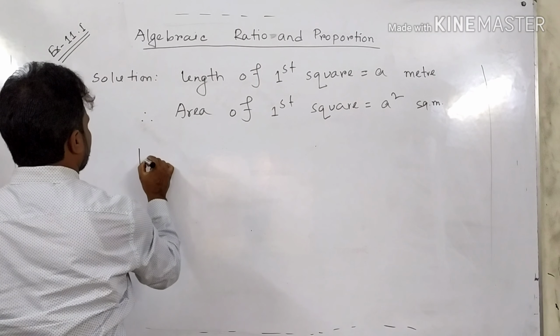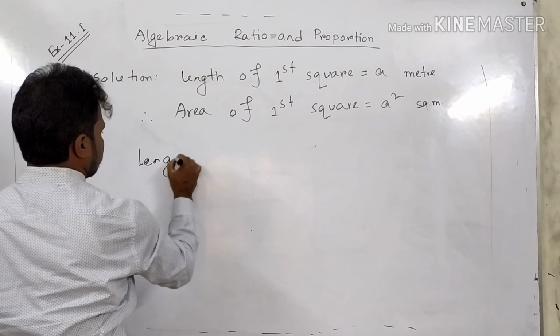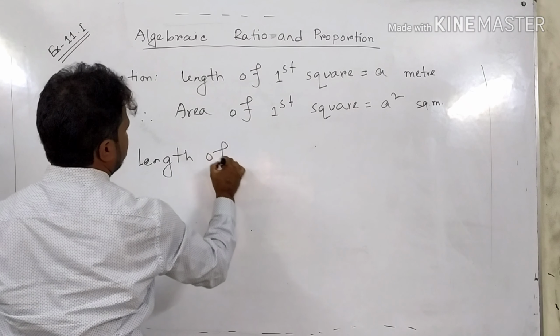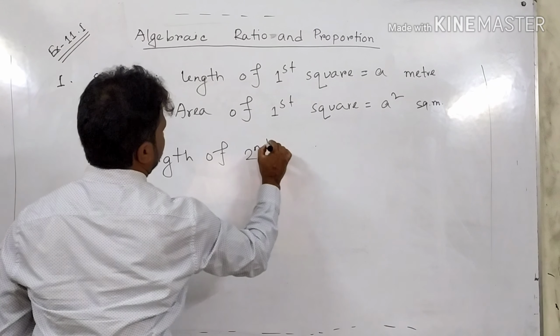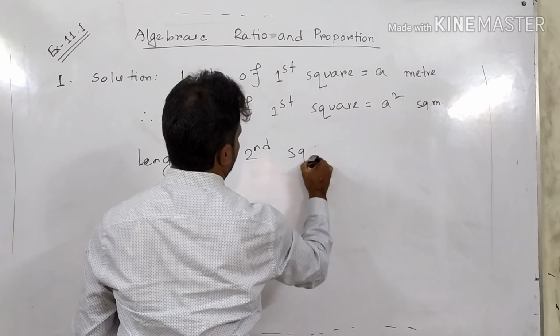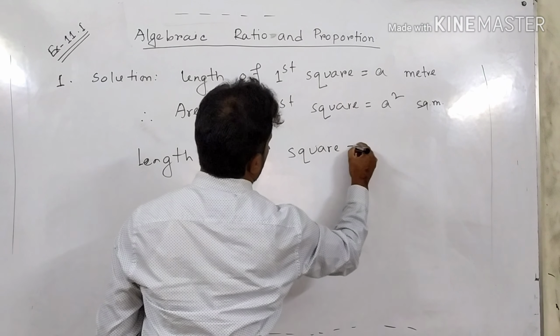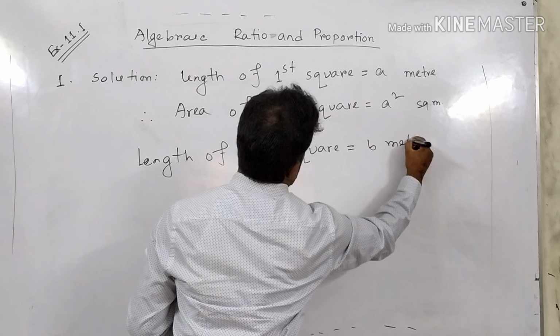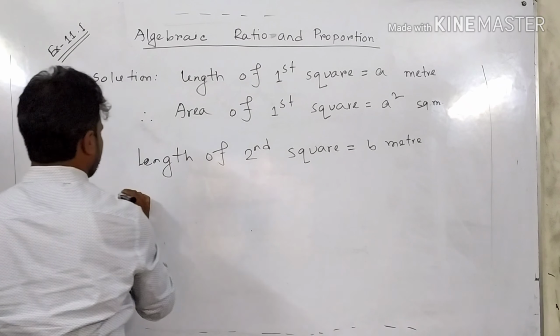Then length of second square equal to b meter.